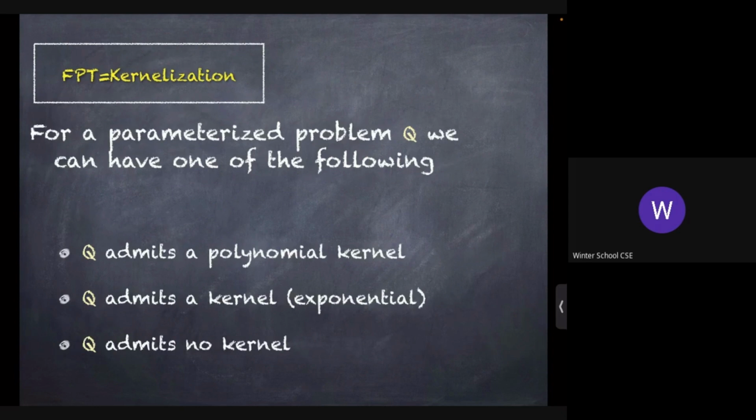So coming back to this question about kernelization: whether your problem admits a polynomial kernel, or a kernel of exponential size, or no kernel, it's exactly the same question. Is your problem fixed parameter tractable or not?